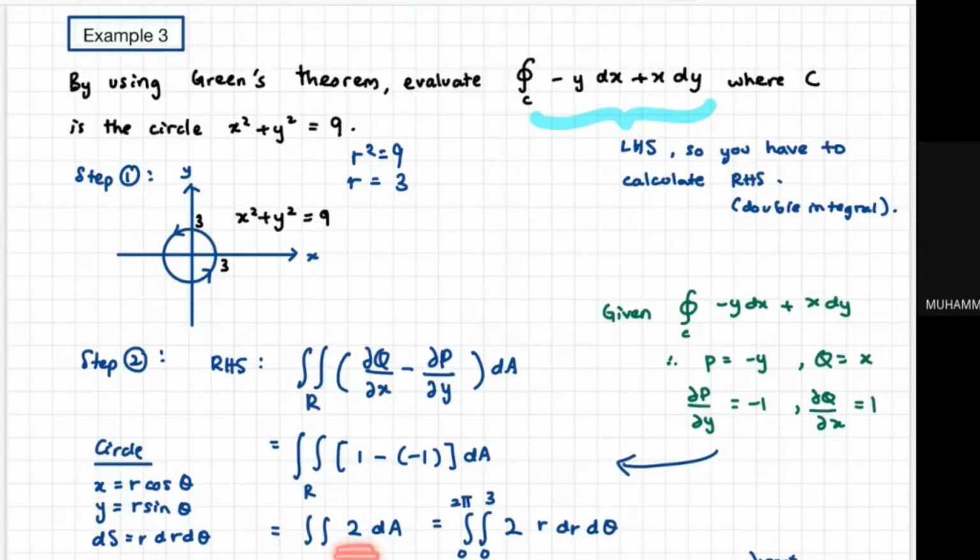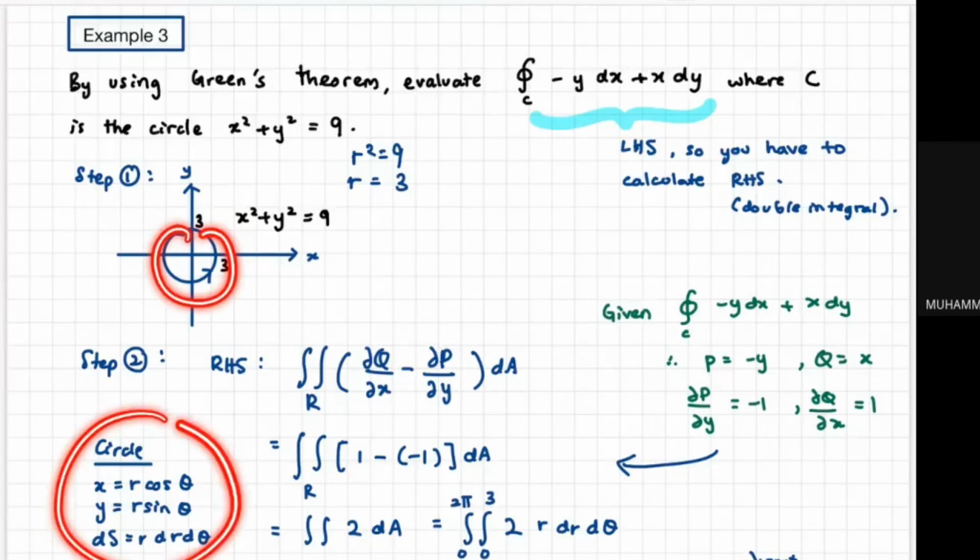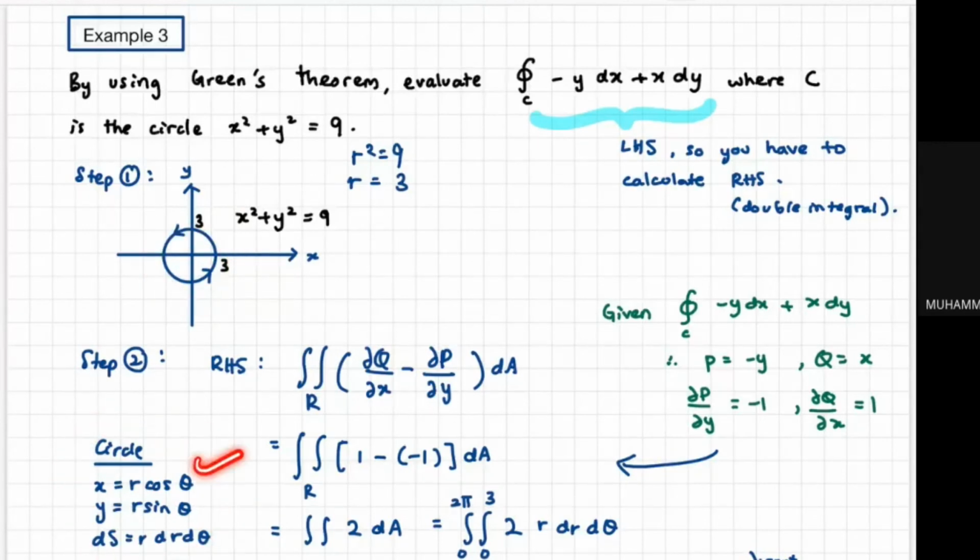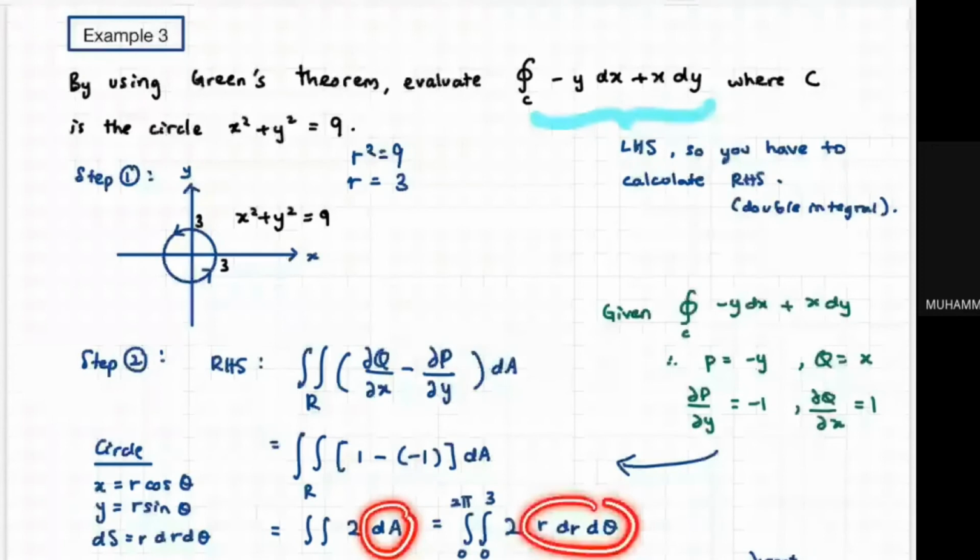So this is a circle. You have to substitute the polar coordinates for the circle. So you know x is r cos theta, y is r sin theta, and dA is r dr d theta. So you get 2 dA from this value.